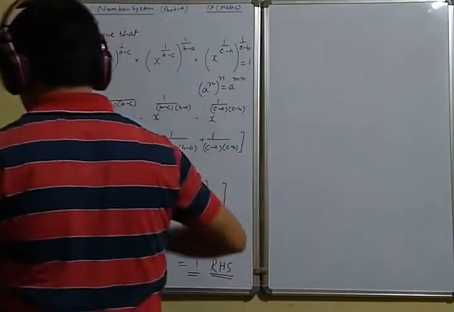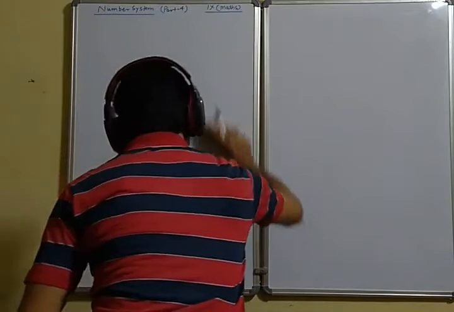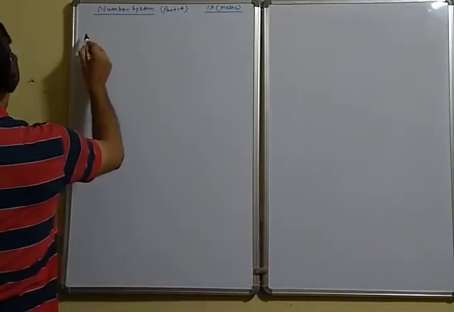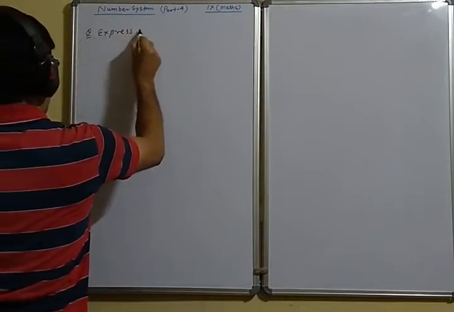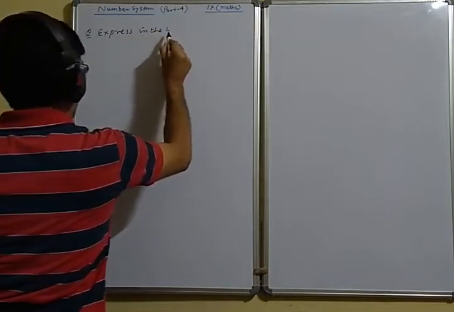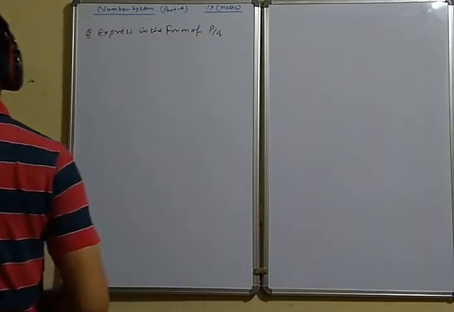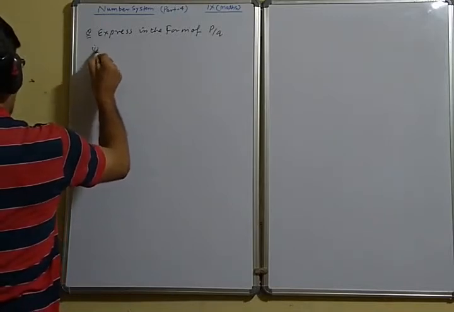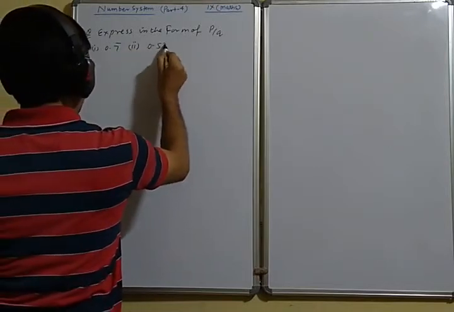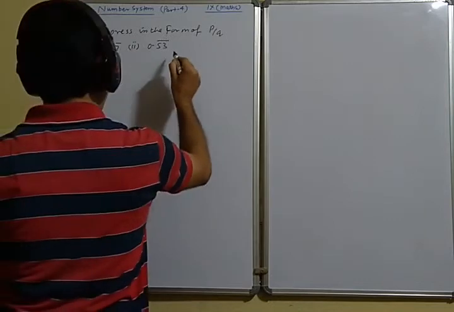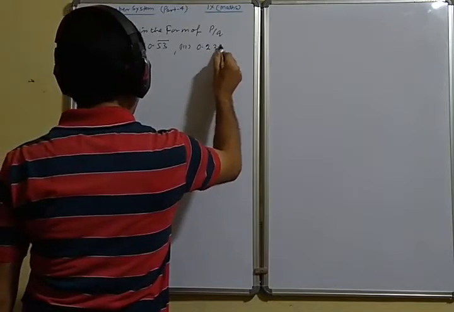For an example, express in the form of P by Q. First, 0.7 bar; second part, 0.53 bar; and last, third part, 0.235 bar.